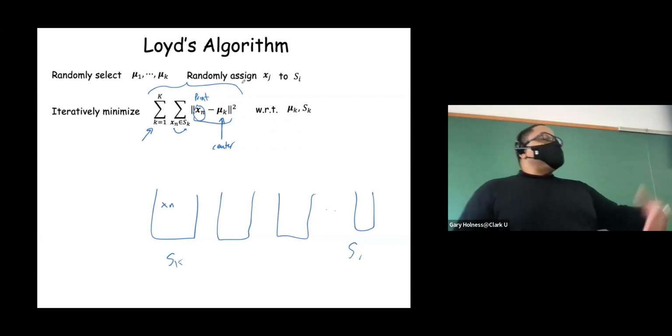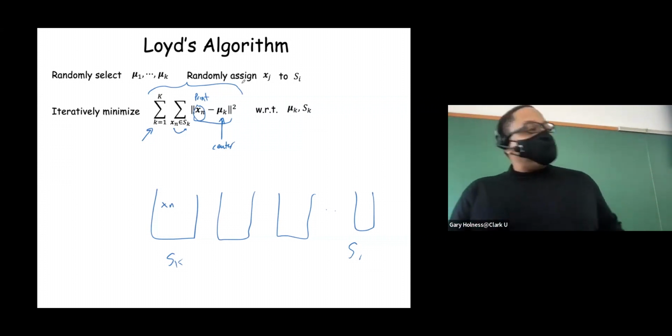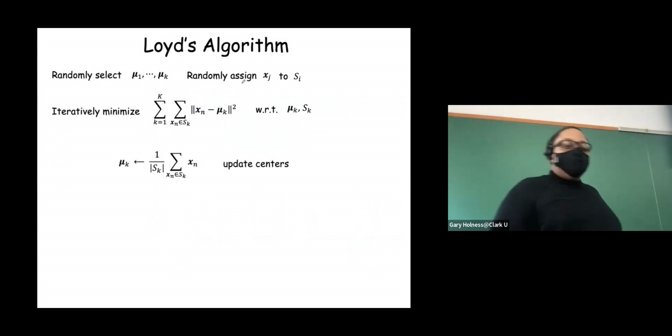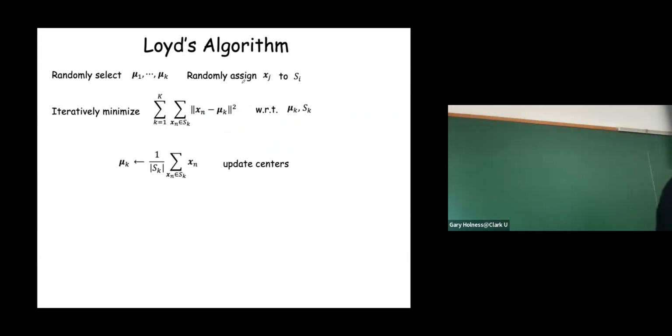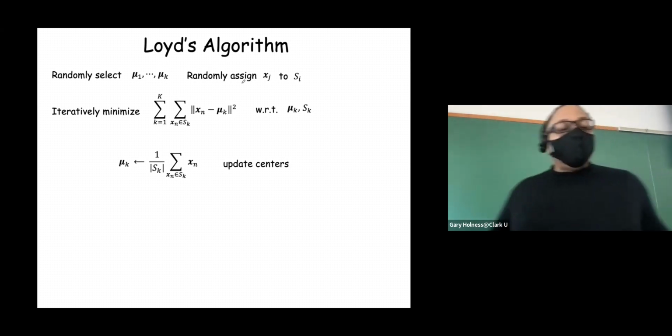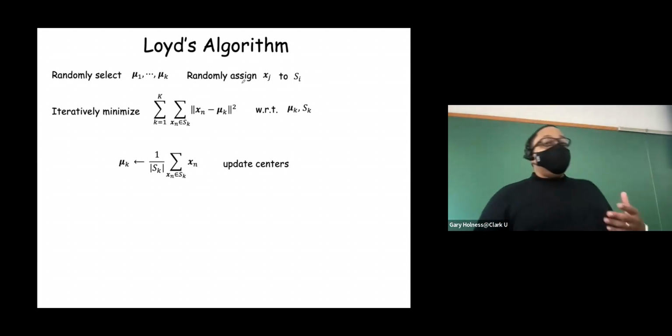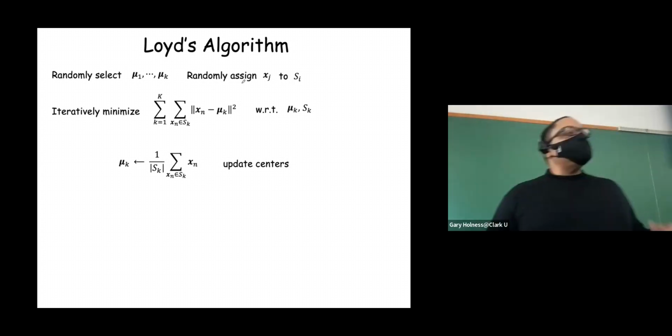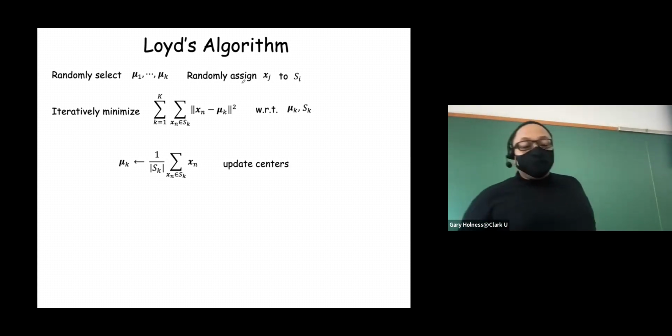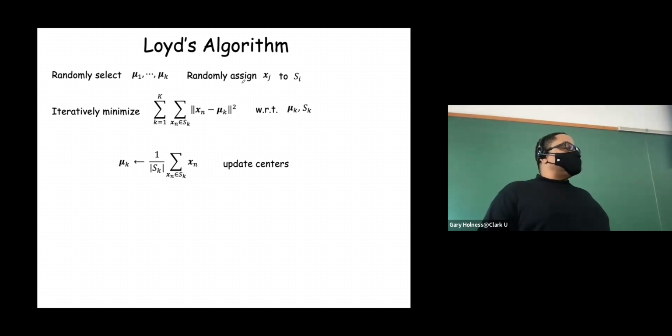It finds a local minimum of this objective function, and it does it by alternating between two steps called the expectation step and the maximization step. So at this juncture, we have k centers, and we have an assignment of those n points to those k groupings, albeit a non-optimal or a very poor assignment. We start out by updating the centers.